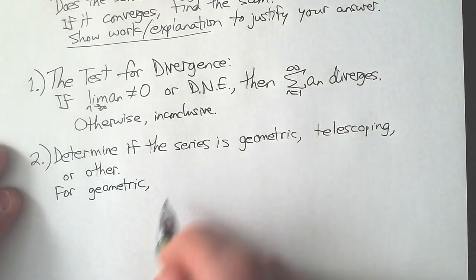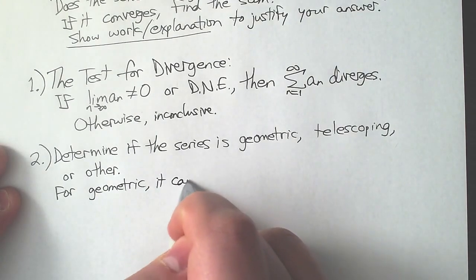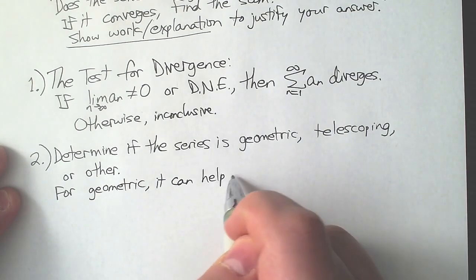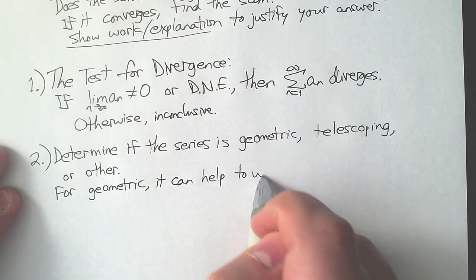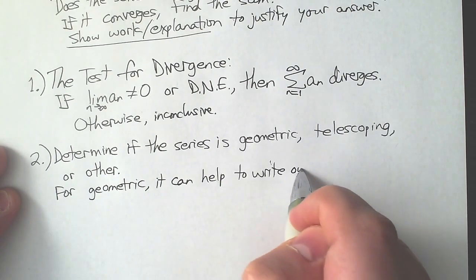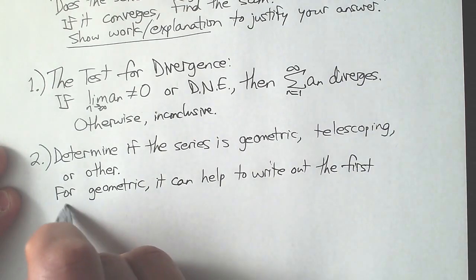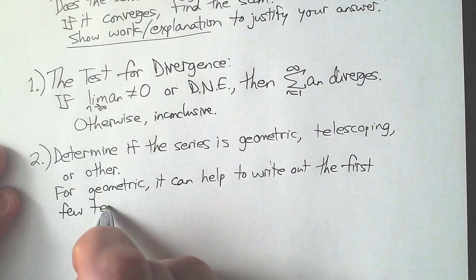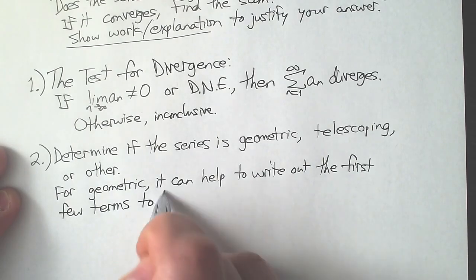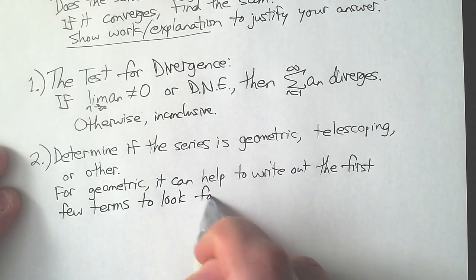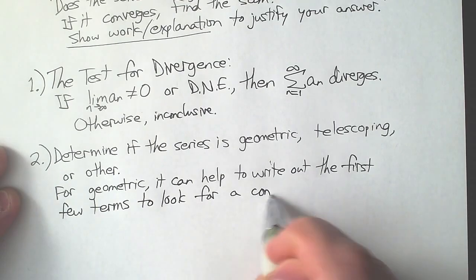For geometric, it can help to write out the first few terms to look for a constant r.